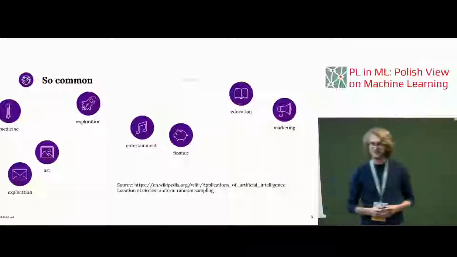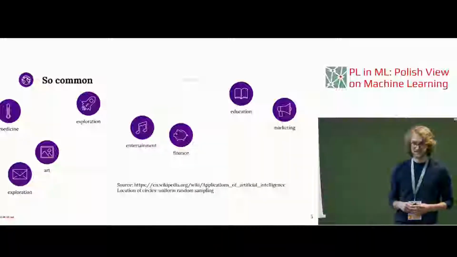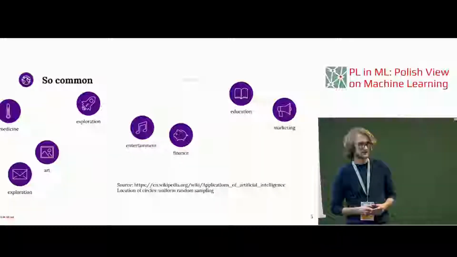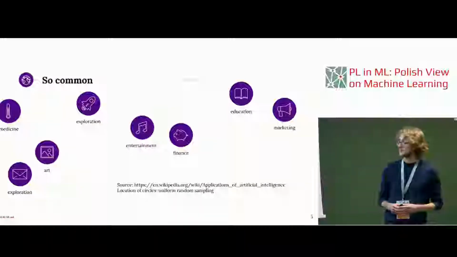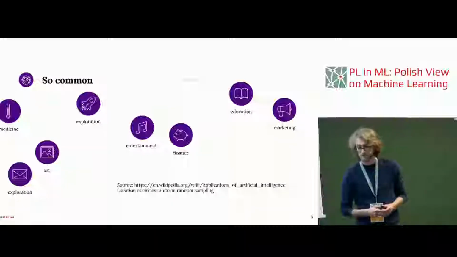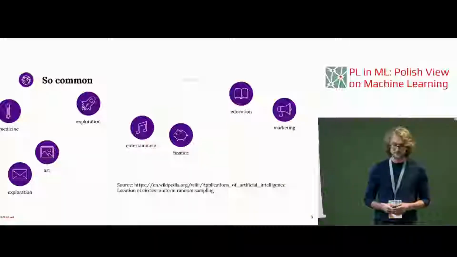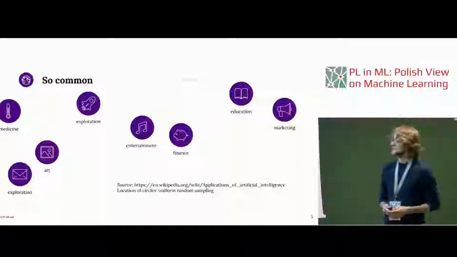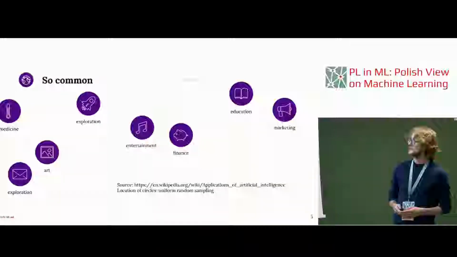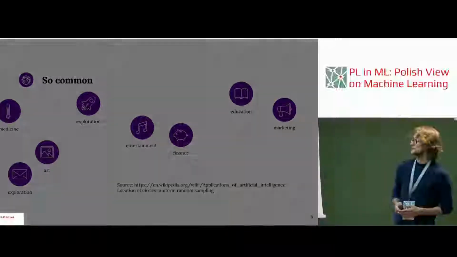The great proof for that is just the current conference, where we can see how many fields use machine learning and how great this usage is, but it sometimes causes some unexpected behaviors when we use these models.